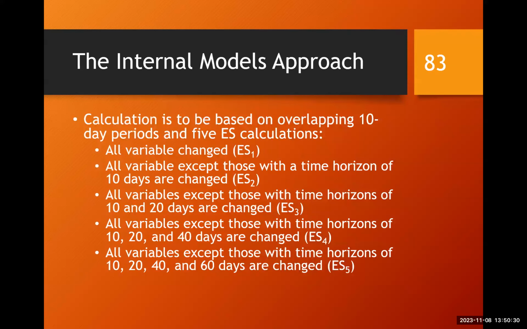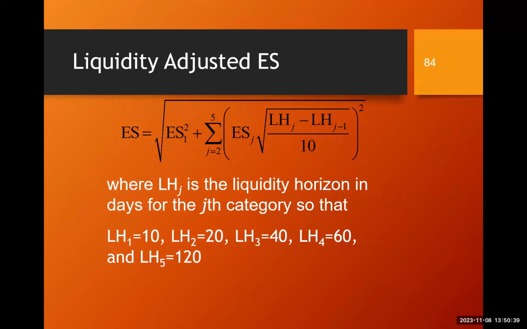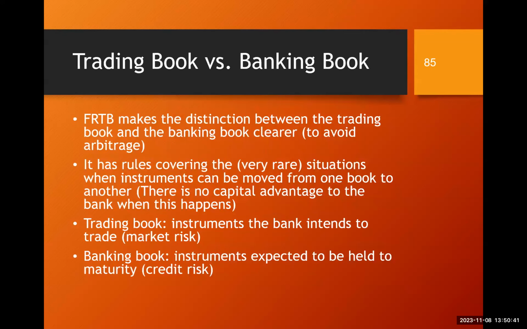So remember how in the fundamental review of the trading book, a lot of asset categories were split up into different liquidity horizons. And the last thing here is the distinction between the banking book and the trading book. The trading book has market risk because you want to trade these instruments, while the banking book has credit risk because you're holding these expecting to get a payout from the counterparty.